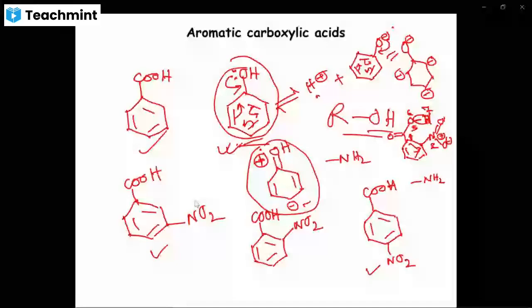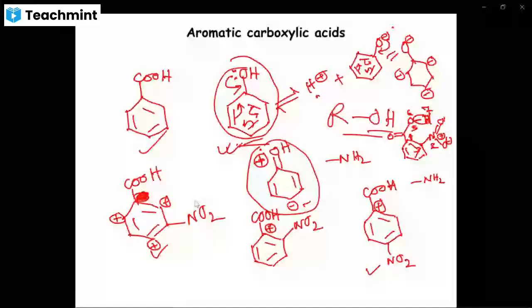So here the main thing is you just said the right thing. When nitro group is present in the ortho or para position, then positive charge will come at this ipso position, right? If you try the resonating forms, there will be a positive charge on the ipso position for the ortho and para, but for the meta, the positive charge will come here, here, and here, not at the ipso position, right?